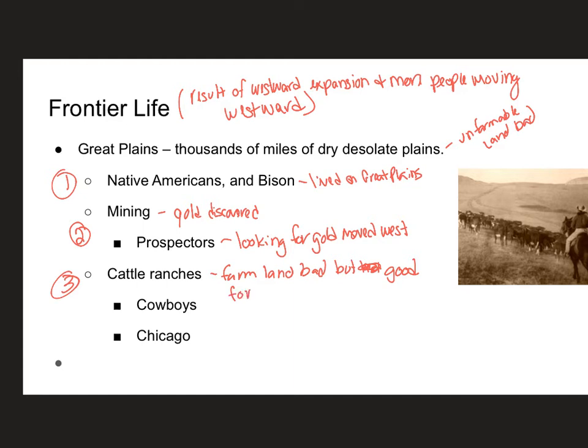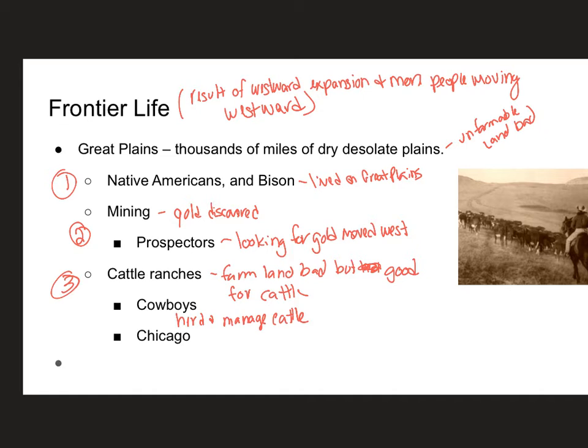Now, two effects of the cattle ranches. One, you had a large group of cowboys that would herd and manage the cattle. And this is where Chicago plays a big role.